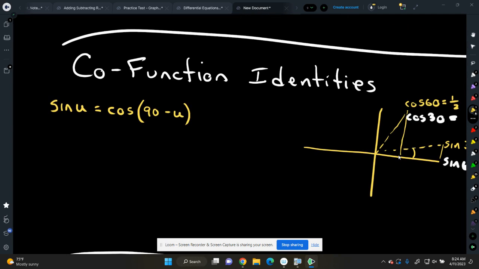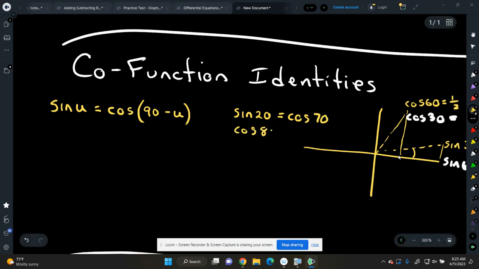So in other words, the sine of 20 is equal to the cosine of what? So 70. Sine of 20 is equal to the cosine of 70. Okay. How about the cosine of 85? What does that equal to? Sine of 5.